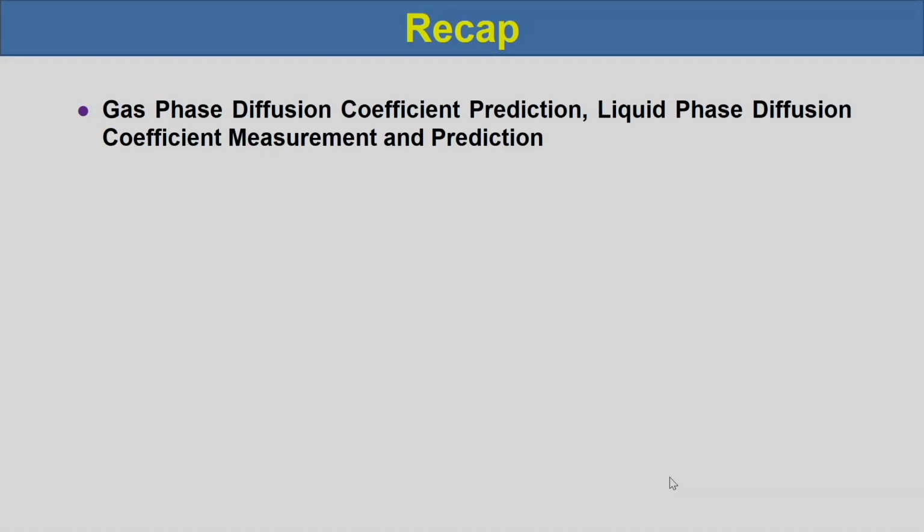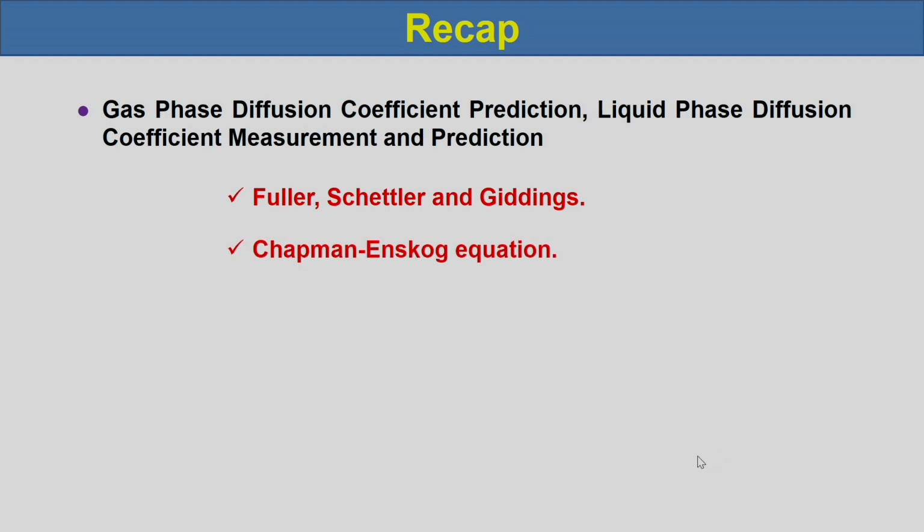In our previous lecture, we discussed mainly gas phase diffusion coefficient prediction, and liquid phase diffusion coefficient measurement and its prediction. For gas phase diffusion coefficient prediction, we used the Fuller equation and also the Chapman equation. Then for liquid phase diffusion coefficient measurements, we considered two methods.